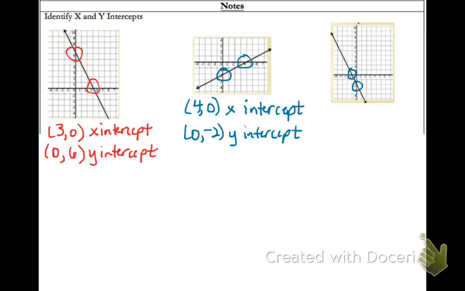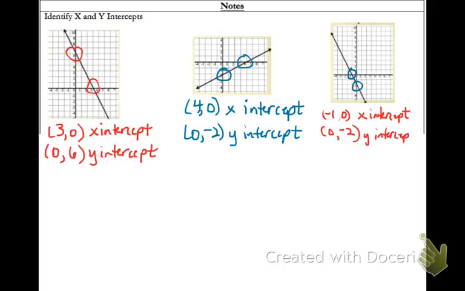So we've got our x-intercept is at negative 2, 0, and we'll label that. And again, intercept means where it's crossing the x-axis, and our y-intercept is at 0, negative 2. And I realize that that point is actually negative 1, so we'll change that. That's just 1 over. And this is our y-intercept.